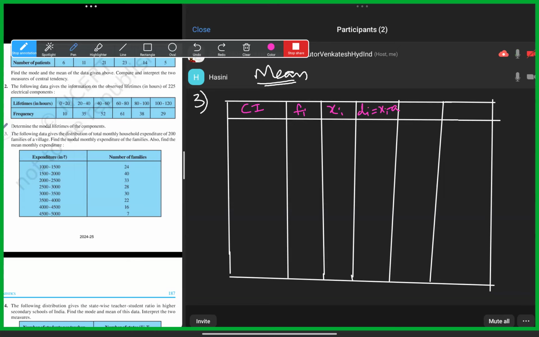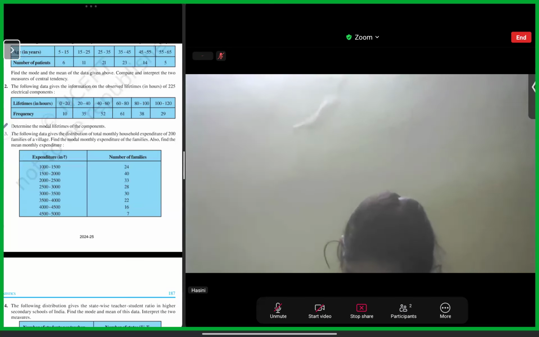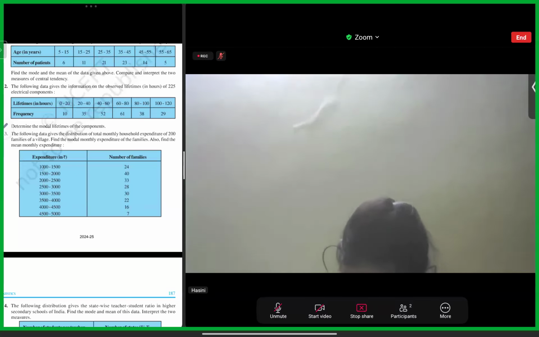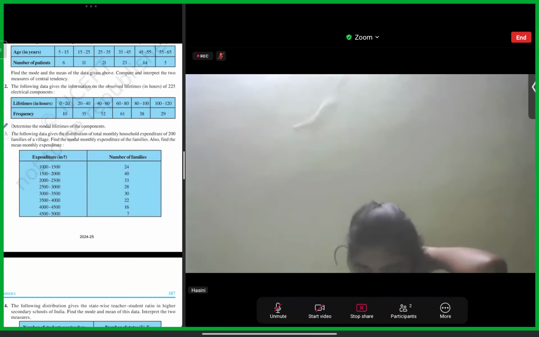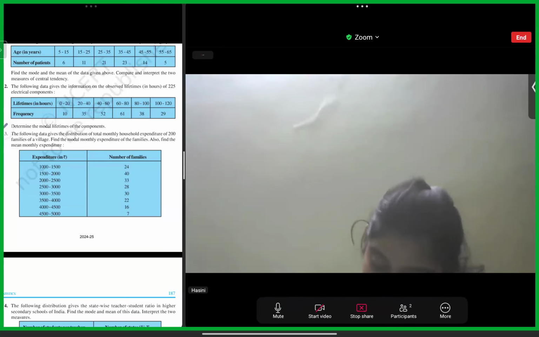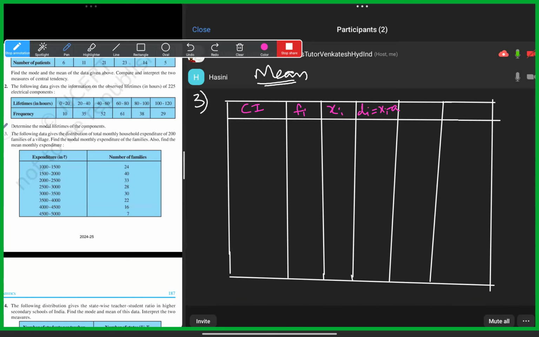Then the next column is ui, which is di by h.